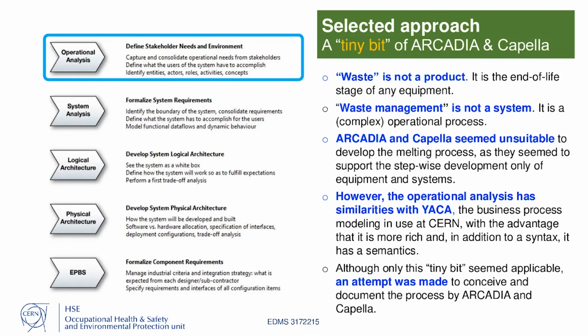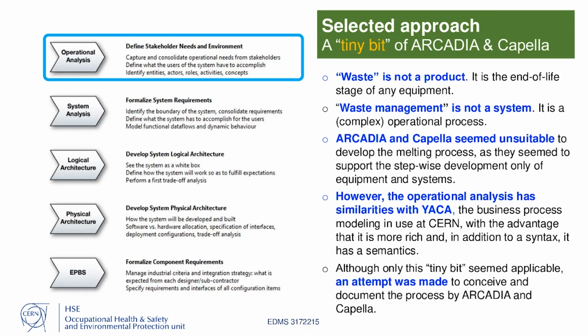On top of this, you set up a project in Capella. The first step, the operational analysis, is even optional. However, I told myself the operational analysis has similarities with our modeling notation, with the advantage that it is richer, and in addition to a syntax, it has a semantics.